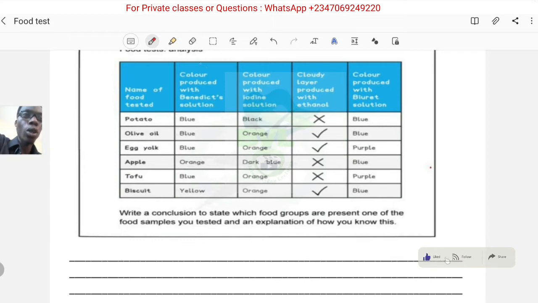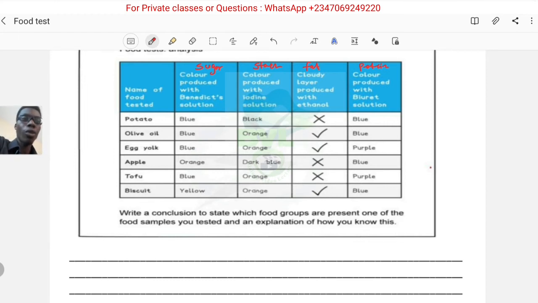This is for sugar, this is for starch, this is for fat or lipids, and this is for protein.